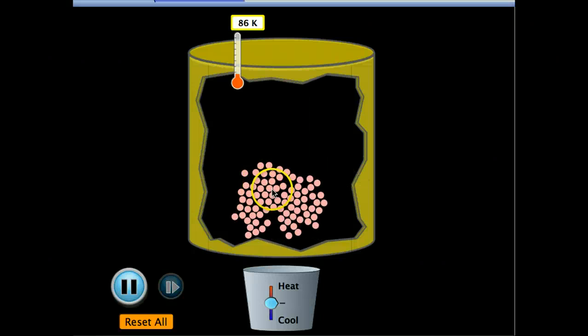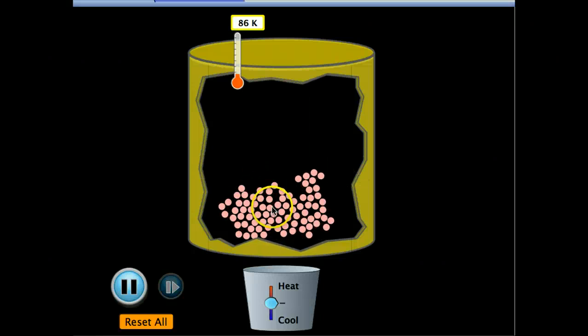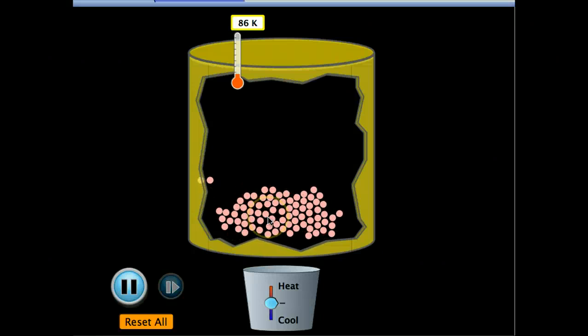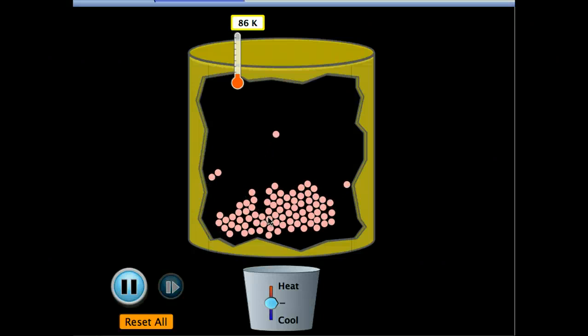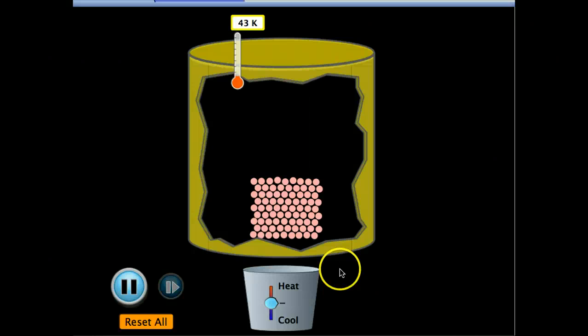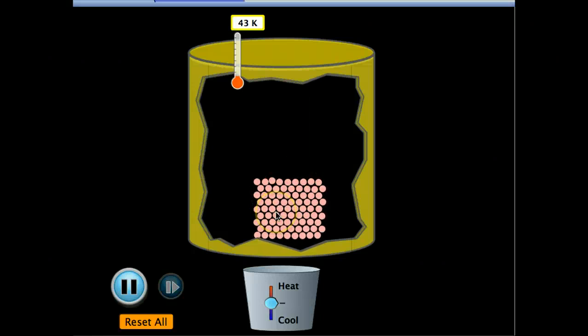In a liquid, if you pick one, yes, it's connected to the ones around it, but those connections can change. They're not as strong as they are in a solid. And so there comes a time when we're transitioning from solid to liquid where we're just changing the strength of those connections. And the energy that's stored in those connections is called phase energy.